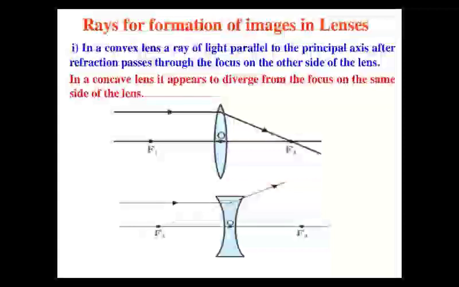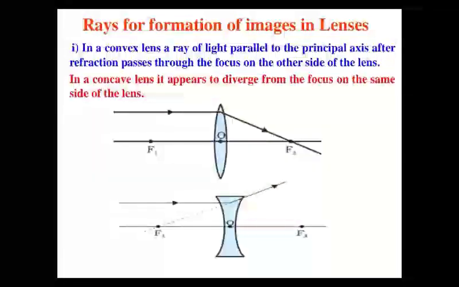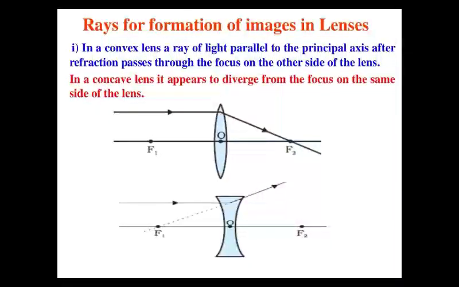Next are the rules for formation of images in lenses. Now we will take one by one the case of convex and concave lenses. These are the rules for formation of images.